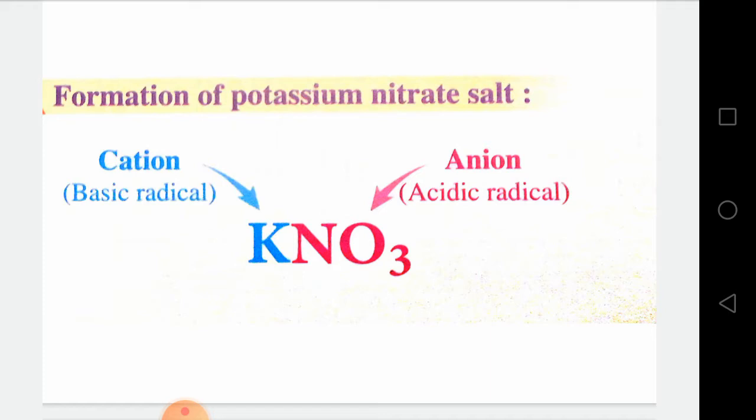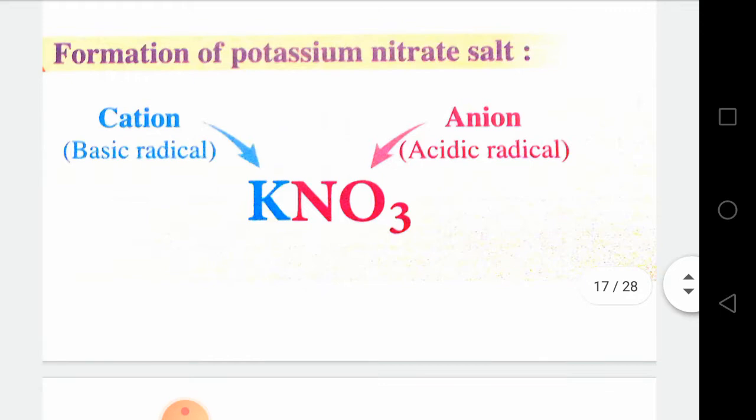Potassium is the cation, or the positive radical of the salt, so it is the basic radical, while the nitrate is the negative radical, the anion, which comes from the acid, so it is called the acidic radical. We can conclude that potassium nitrate is produced from the reaction of potassium hydroxide base and nitric acid.